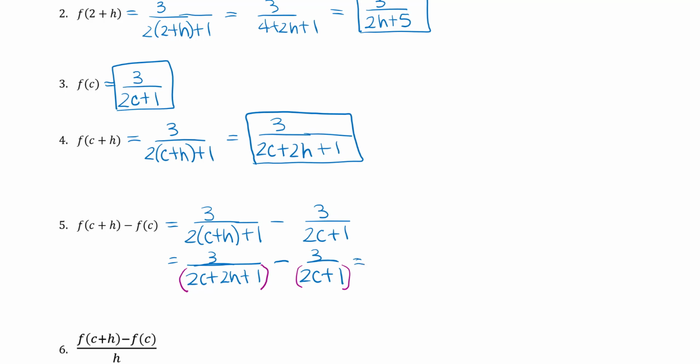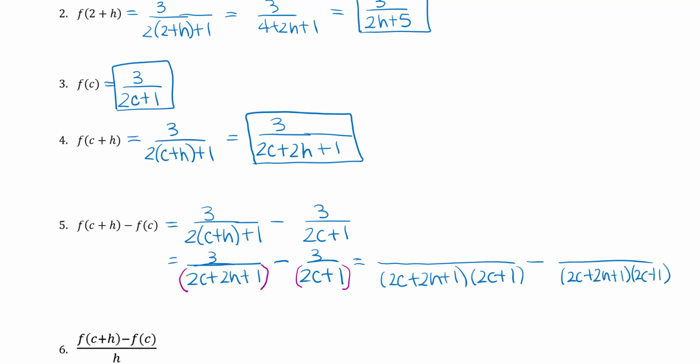So the common denominator is really just going to be the product of those two. So I need to rewrite both of these fractions with the correct common denominator.